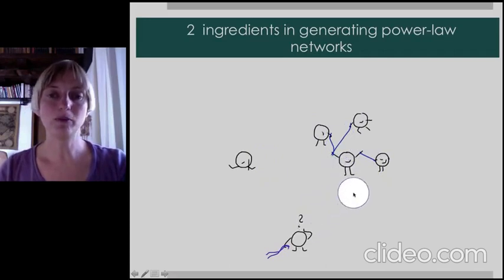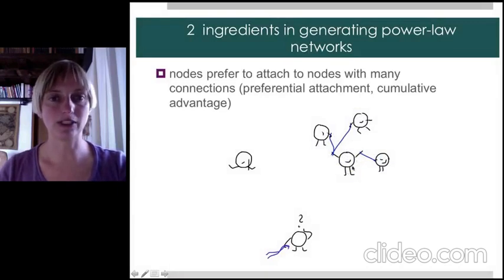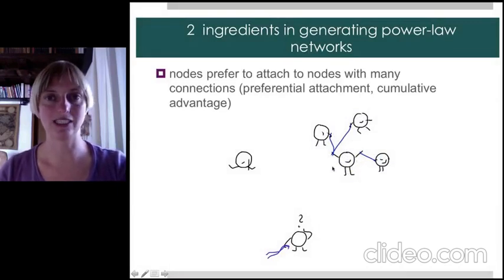And if you prefer the person who has lots of social ties, in fact, if you prefer him or her in proportion to the number of ties that they have, then this is called preferential attachment or cumulative advantage.